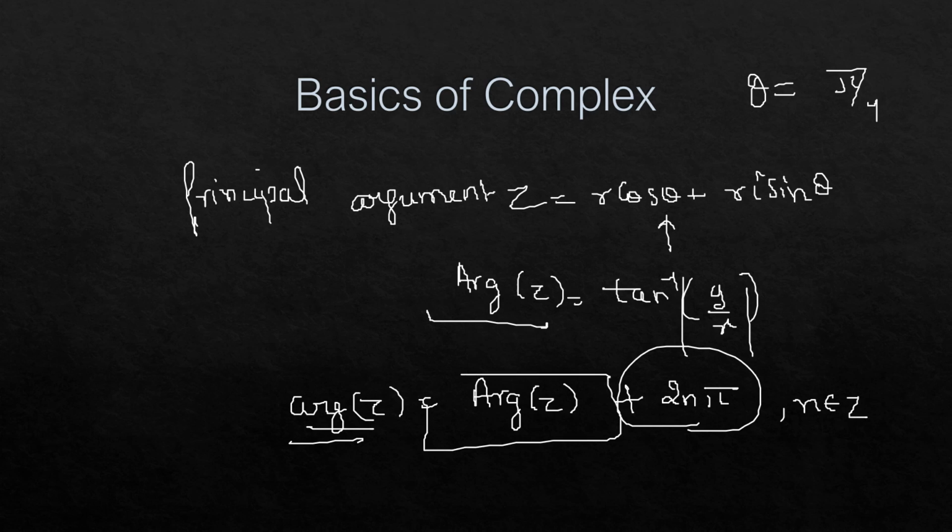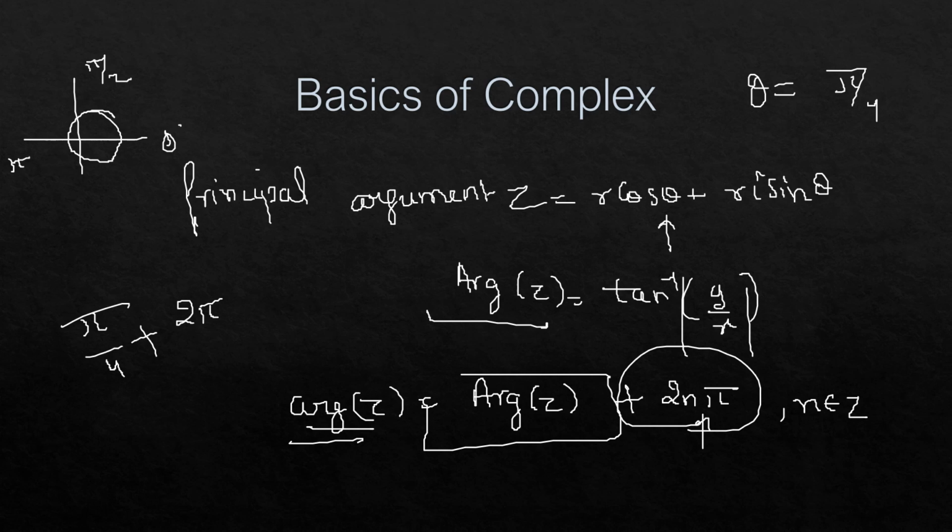So pi by 4, if I put n as 1 and I add 2 pi, because this is the cycle of 360 degrees, 2 pi. This is 0, then pi by 2, 90, then 180, then 270, then 360. So after 2 pi it will repeat again.